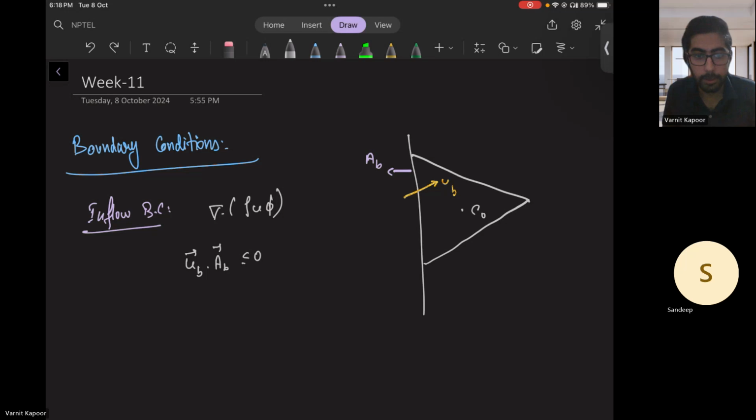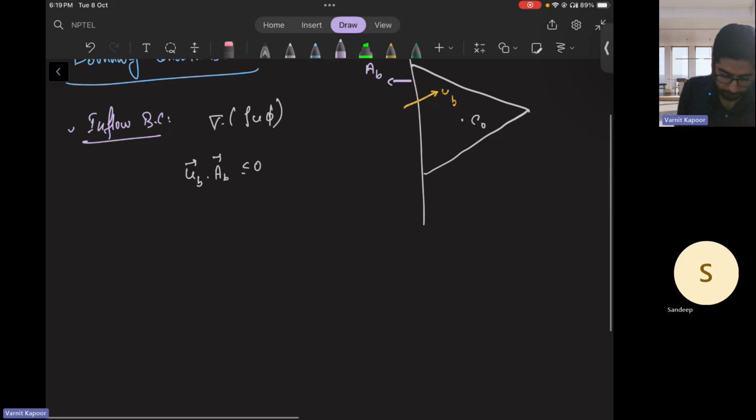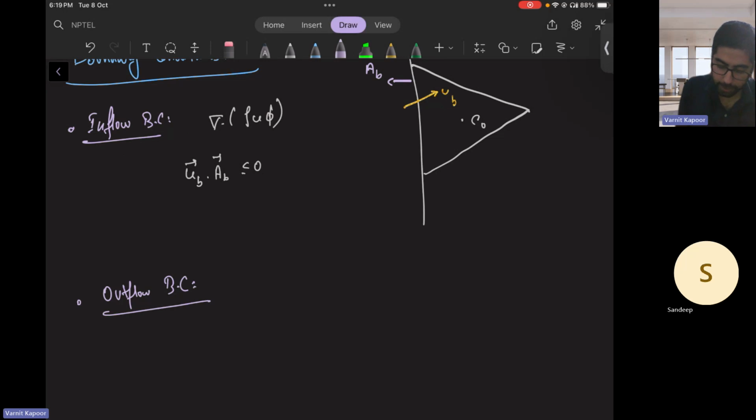All right. So there are discrete equations for the boundary cells. You know the summation for the diffusion terms for interior particles and exterior particles, that is boundary particles. So there are terms corresponding to that. But if you want to treat the boundary faces, you have to give the conditions like this. Similarly, if you go ahead with the outflow boundary condition, that means the fluid is flowing outward of the boundary.